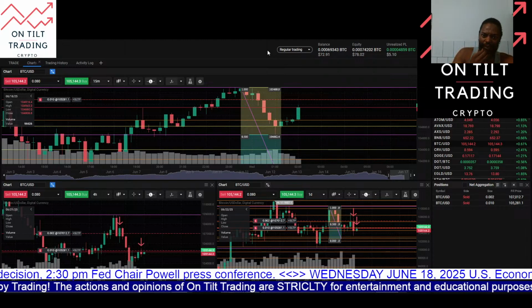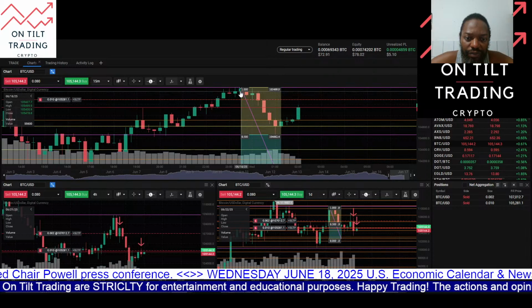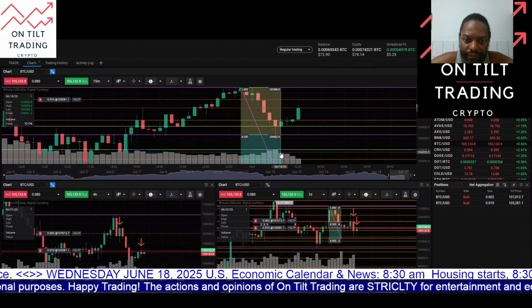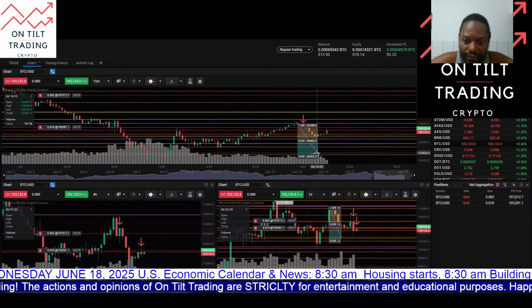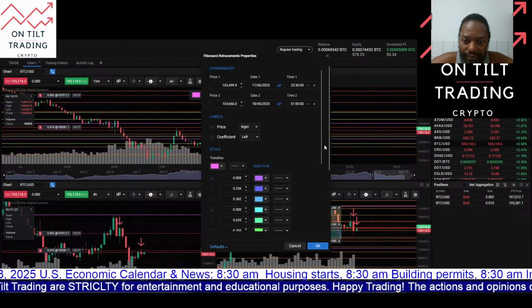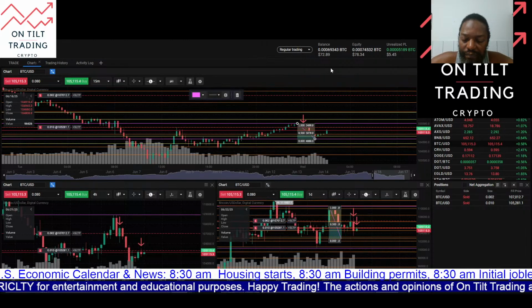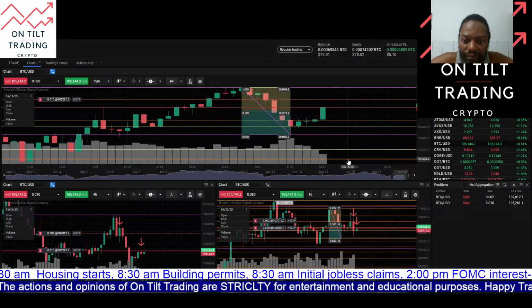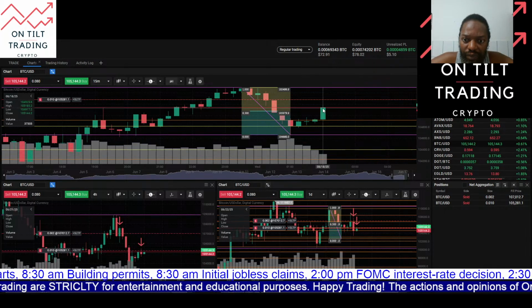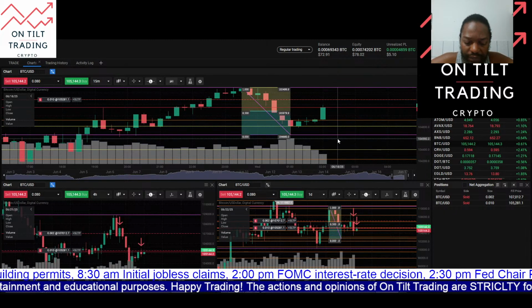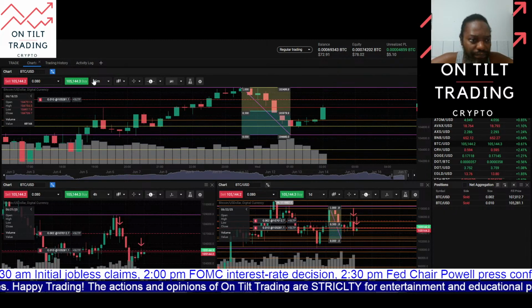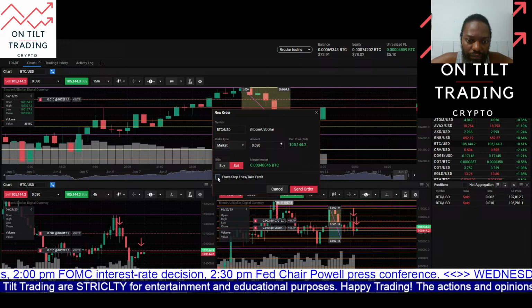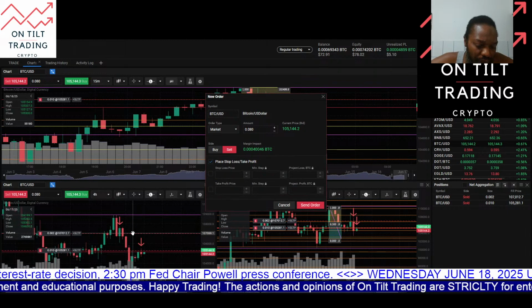But it seems like if the 4-hour is holding, then the actual stop would be at the high here. Or there could be a stop at the swing. $103,302.1.